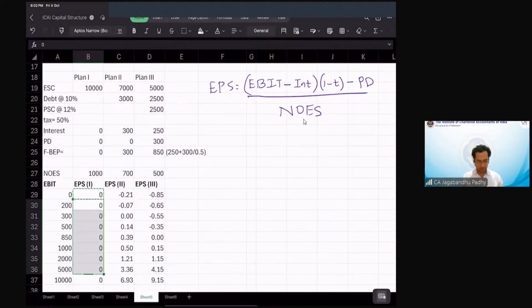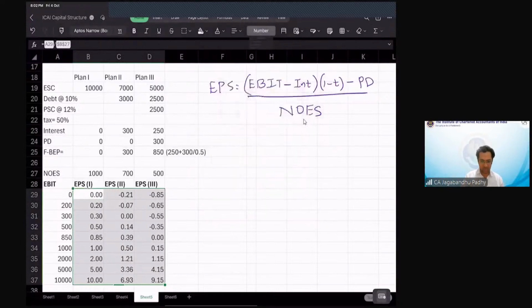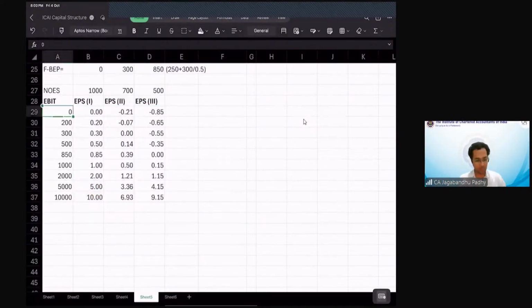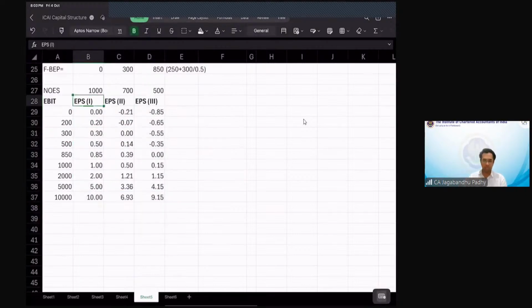So for EPS, what we observe is EPS is obviously going to rise. EPS is definitely going to rise with the rise in the EBIT. Can you observe that as the EBIT increases, the EPS numbers are definitely going to rise? And are you able to see the influence of the financial break-even point over here?